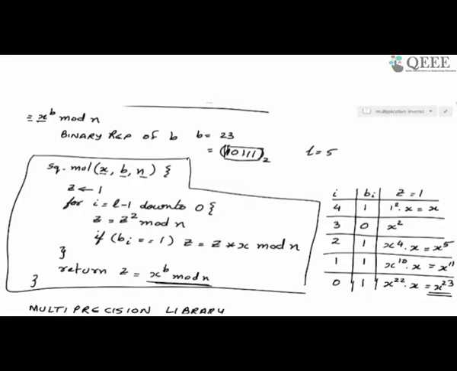The world record right now is breaking an RSA with a key size of roughly 750 bits, or rather the value of n is 750 bits.